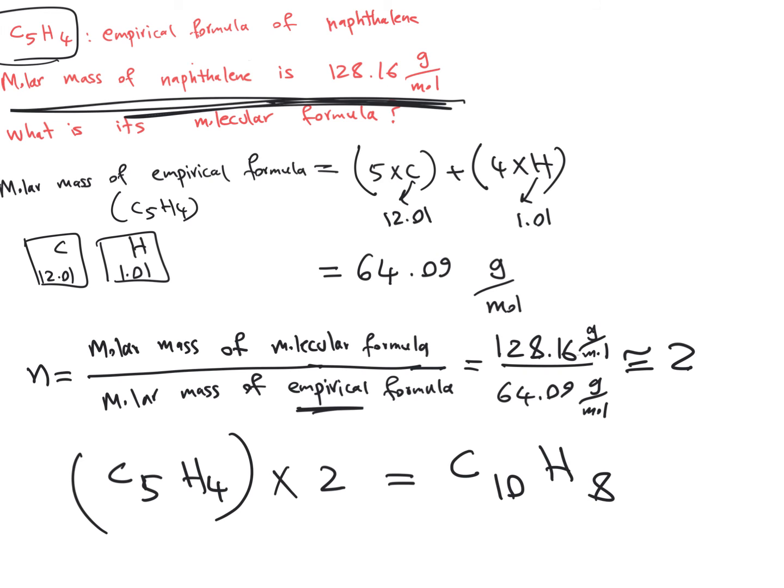So the problem is basically finding the molar mass of the empirical formula, which you know how to do, and then dividing the molar mass of the compound I give you by it, and you get a whole number ratio. Most of the time in the questions I give you, you can just round, so it would be 1.999 and you don't have to worry about multiplying.